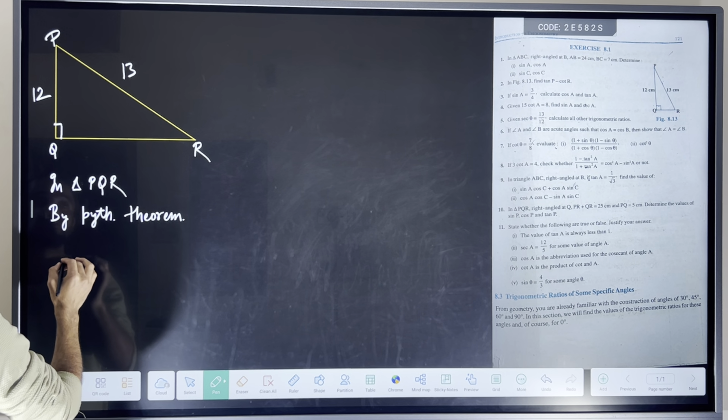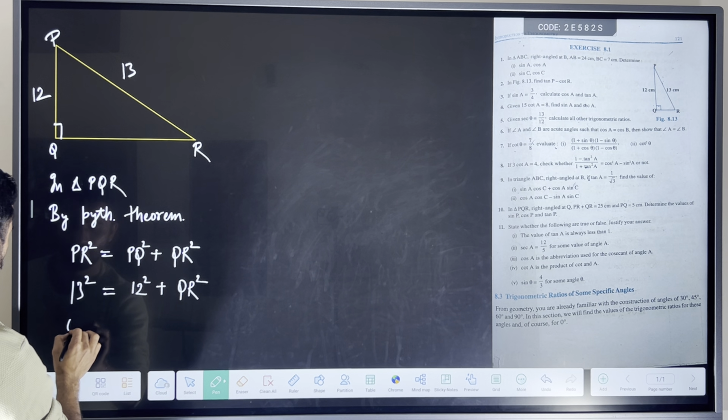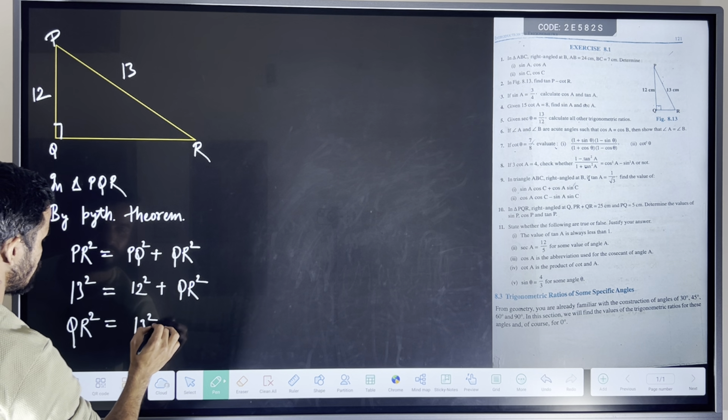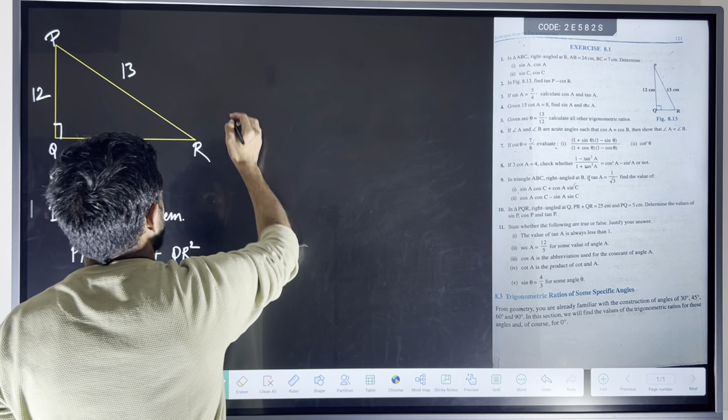PR square is equal to PQ square plus QR square. PR is 13, so 13 square is equal to PQ, what is the value of PQ? 12 square plus QR square. So now QR square is equal to 13 square minus 12 square.